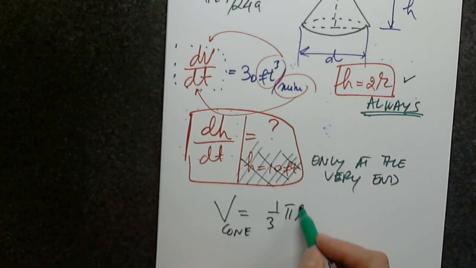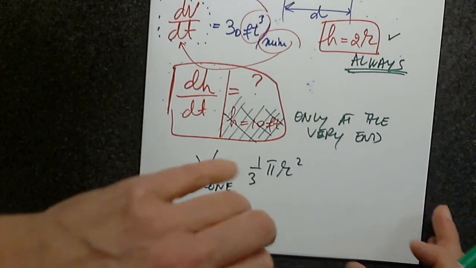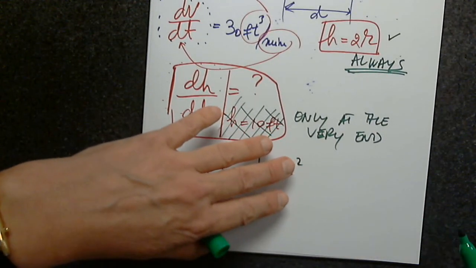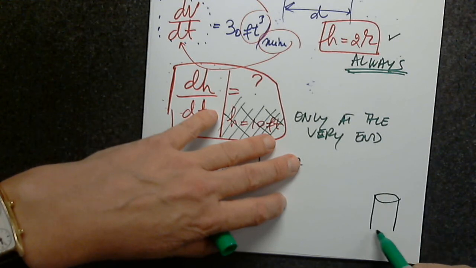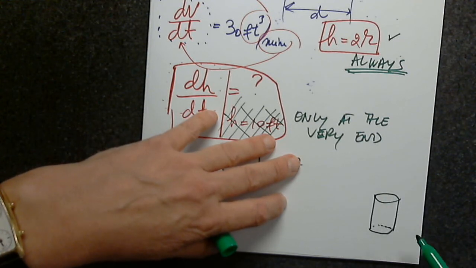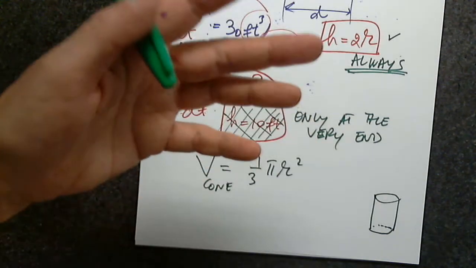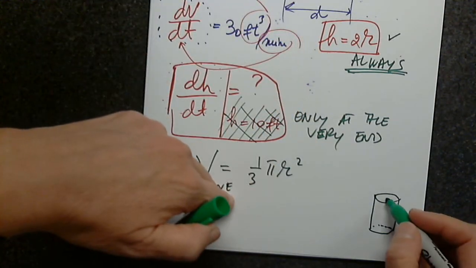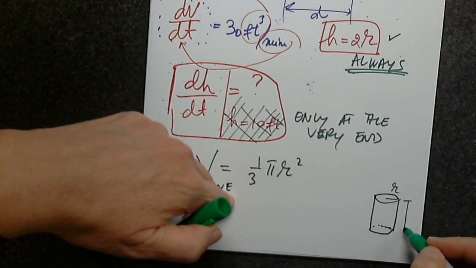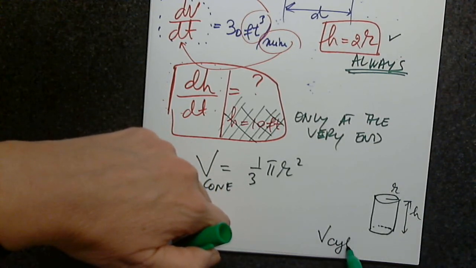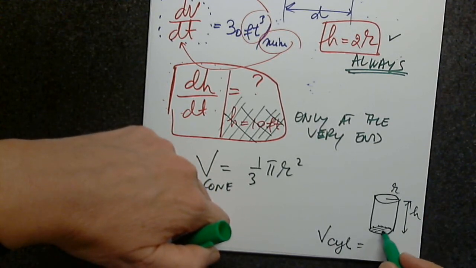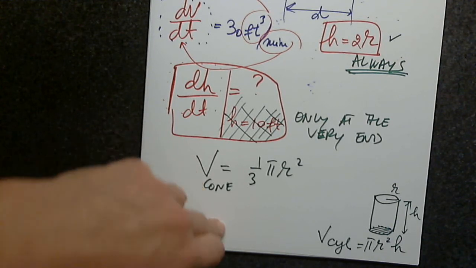Yes, pi r squared. So let me just refresh your memory. So here's a cylinder. This is the easiest way to remember them by comparison. So let's say the radius of the cylinder is r, and let's say the height is h. So the volume of a cylinder is the area of the base, pi r squared, times the height.